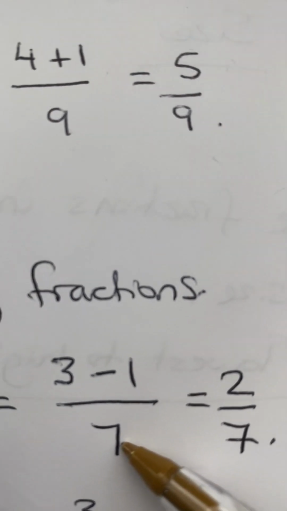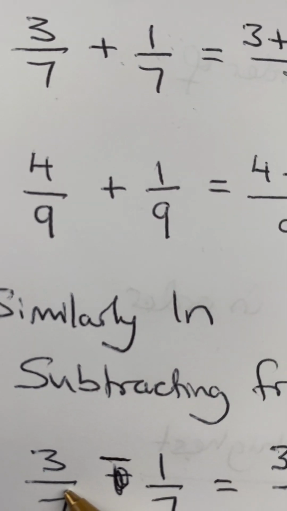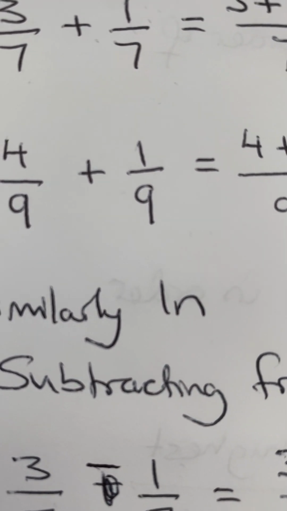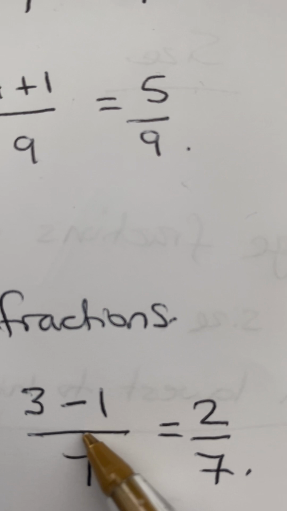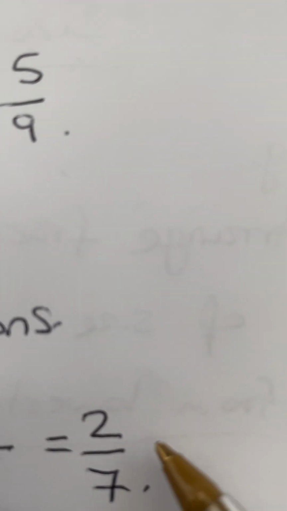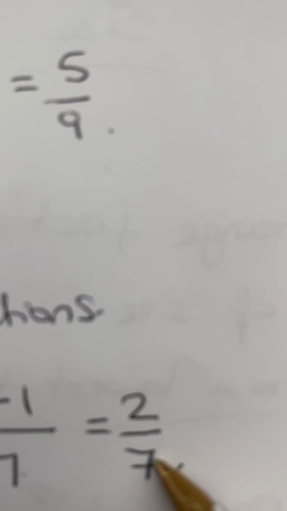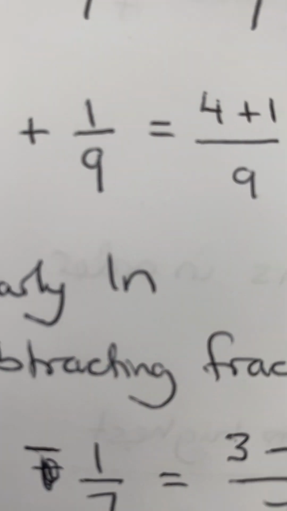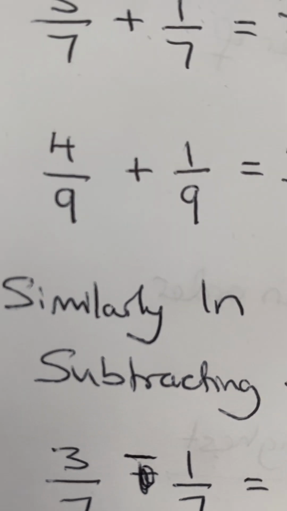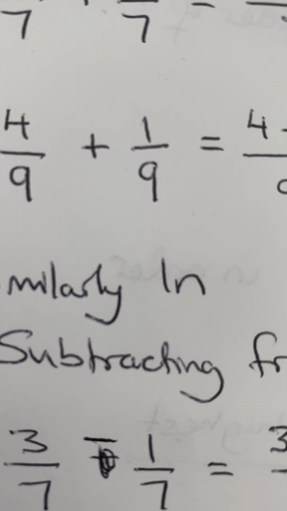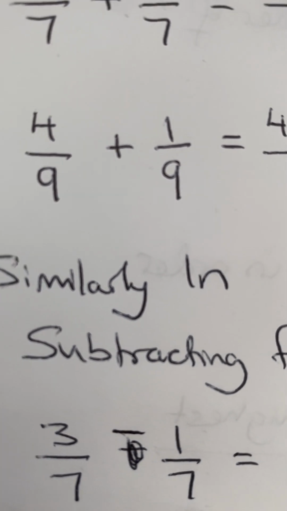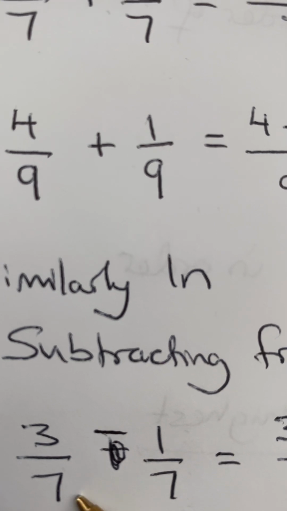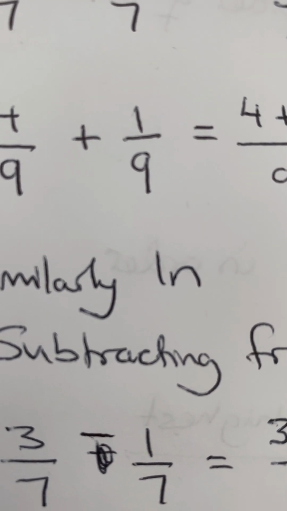So here is 7. 3 minus 1 equals 2, divided by 7. So the new answer will be 2 over 7. Here also, remember, we do not subtract the denominators. Even if you subtract, 7 minus 7 is 0.